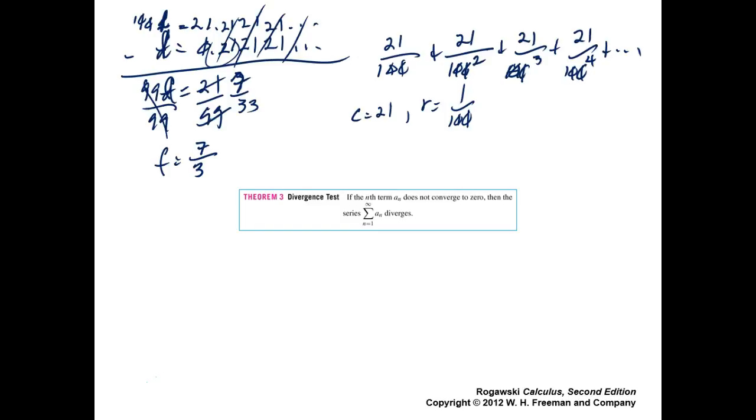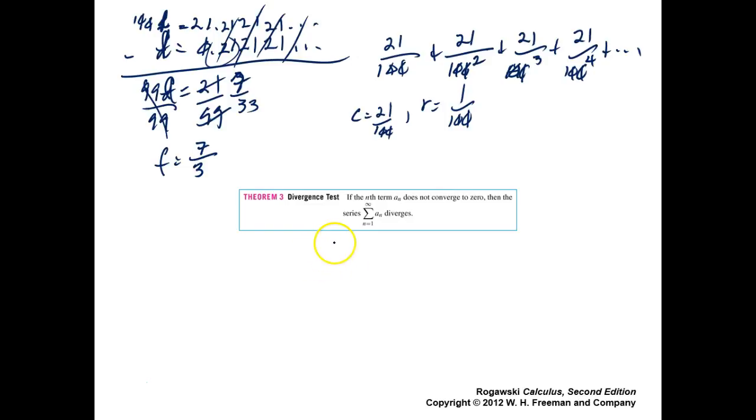I think so. Now why in the world do they say A is equal to... Oh no, I see what they do. They say the C is 21 over 100, and then you are starting from 0, because the first one's just 1. And then your R is 1 over 100. You could do it either way, but that works just as well.